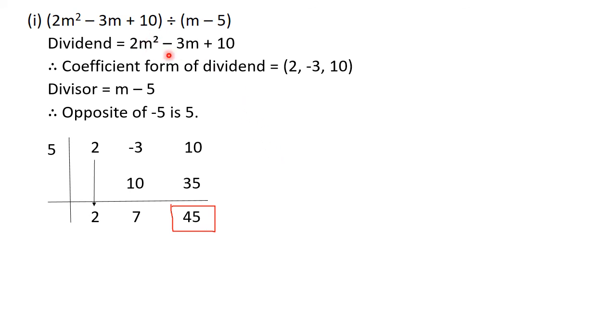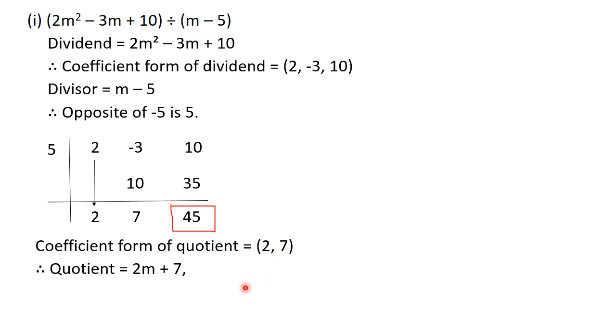So now the dividend is known, the divisor is known, and these remaining two numbers, they are going to give us the coefficients. So let's write down the coefficients. So the coefficient form of the quotient is like this, 2 comma 7, and from this we can write down the quotient as 2m plus 7. Okay, 2m plus 7, because here the variable is m, you have to write down the same variable.